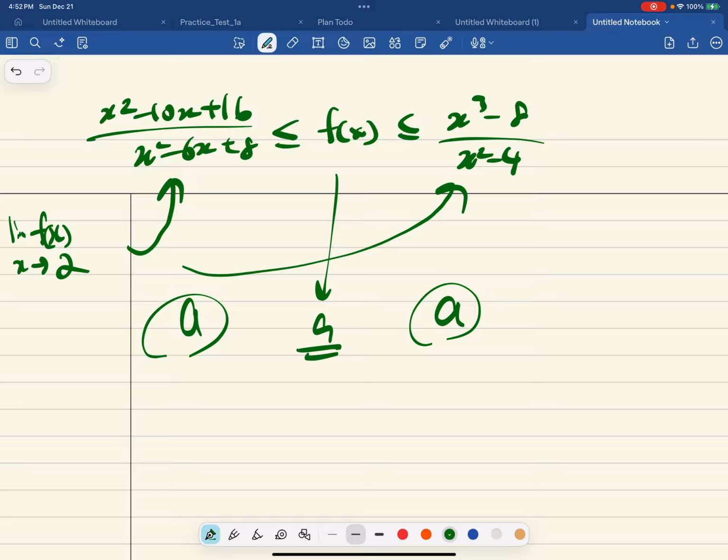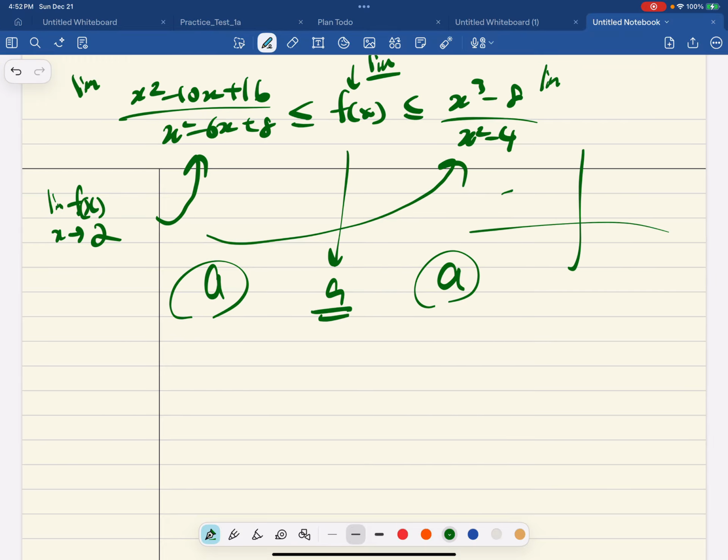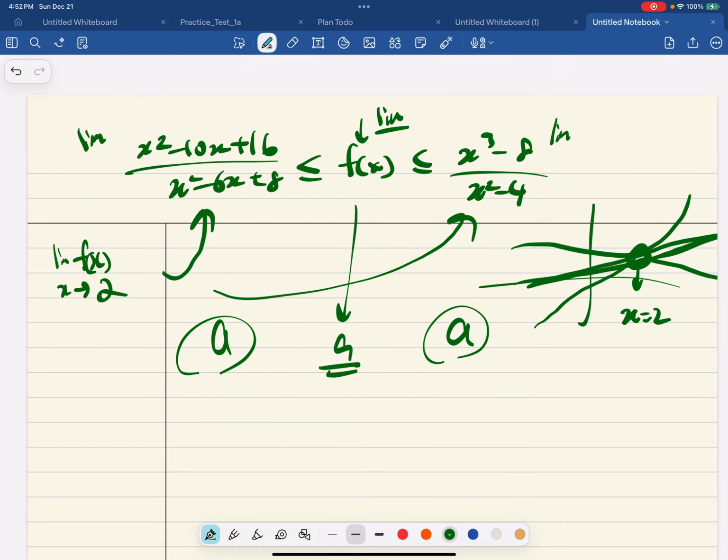Because graphically, let's say that's the first function, that's the second function, and this is our function, they have to end up coinciding at the point x is equal to 2. That's what this theorem is telling us.